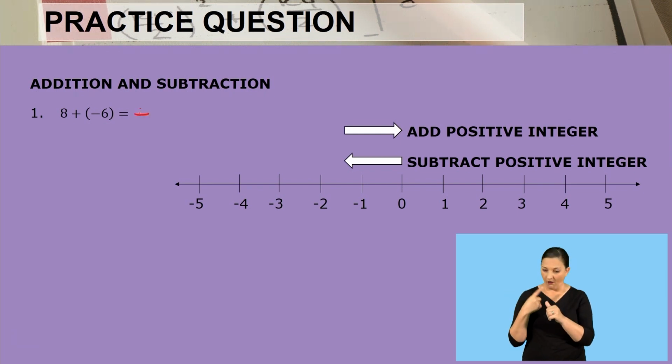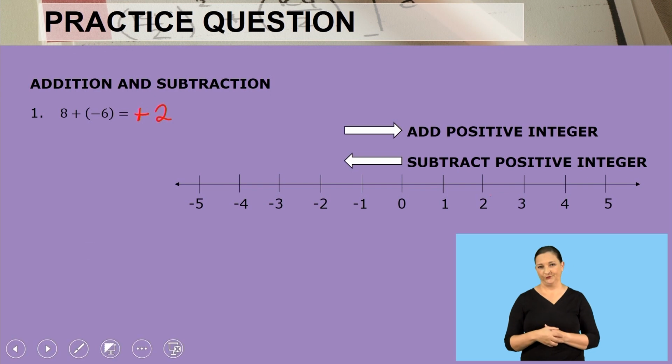So our answer is definitely going to be a positive. But again, when you look at the number line and when you are on 8, because we are adding a negative number, it means from 8, we are going to move 6 spaces to the left. And that is going to land us on our 2. So that means that our answer is going to be a positive 2.